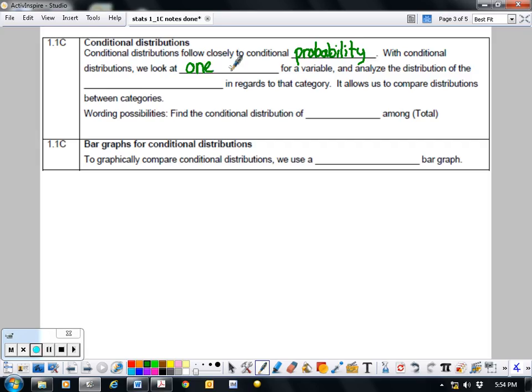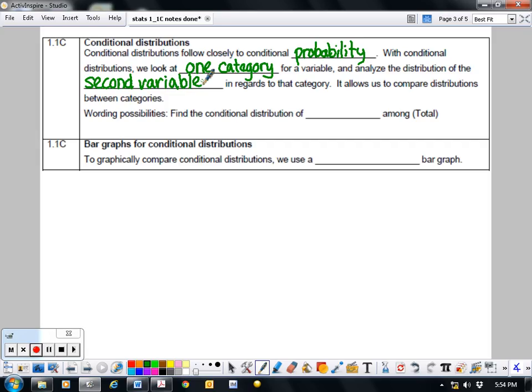We break it down, like males. So we look at just the one category within that variable and analyze the distribution of the second variable. So we're going to look at the responses of superpowers just for males. And then we'll look at the responses of superpowers just for females. So then we can compare between the genders.